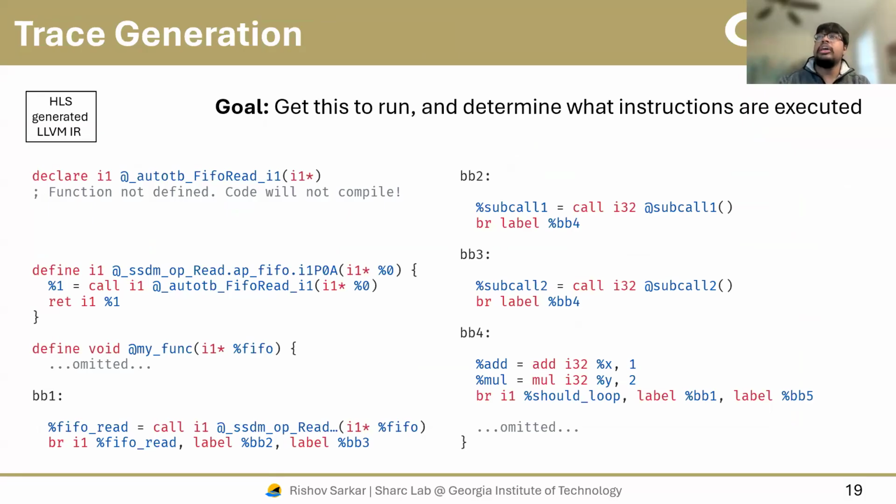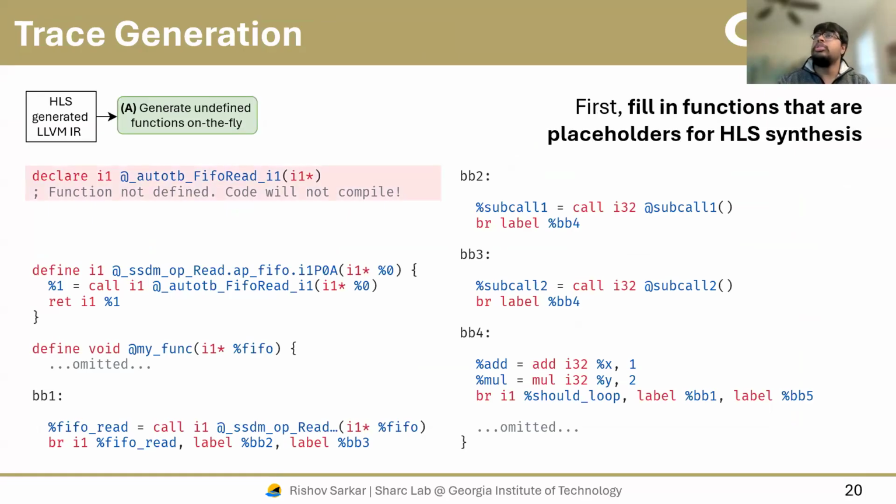The problem here is that there are certain functions and certain parts of the code that won't compile because, remember, the HLS synthesis process normally stops at the IR, and then it just does its own thing with scheduling, binding, and RTL generation in order to generate the hardware code. It never actually needs to run the LLVM, right? But for our simulation, we're trying to run this so that we can collect a trace.